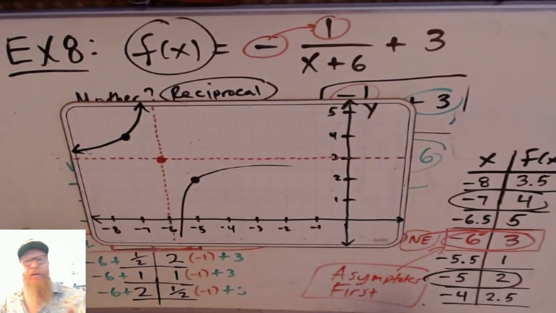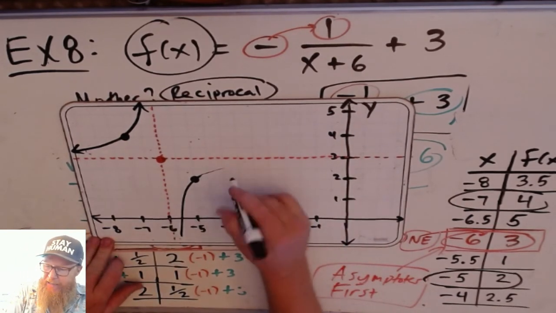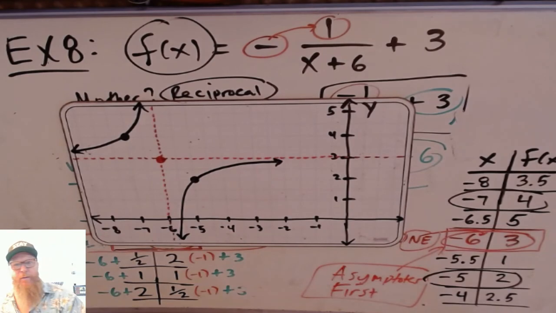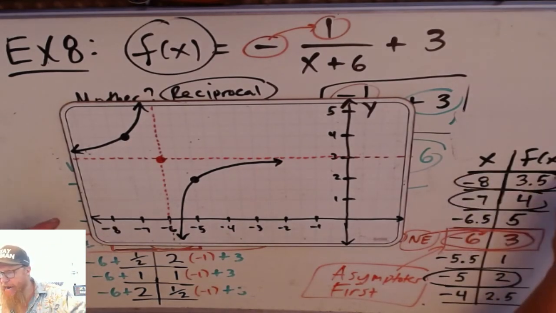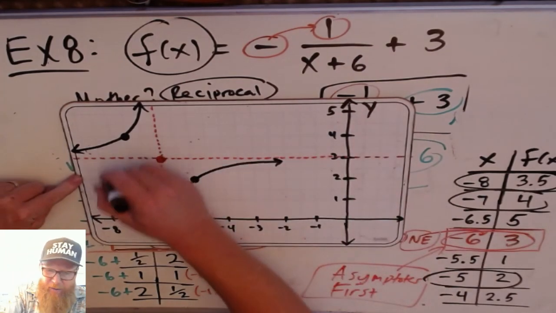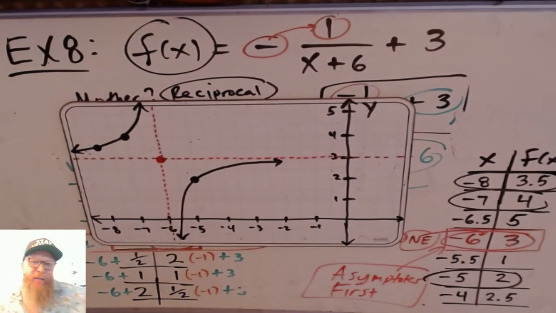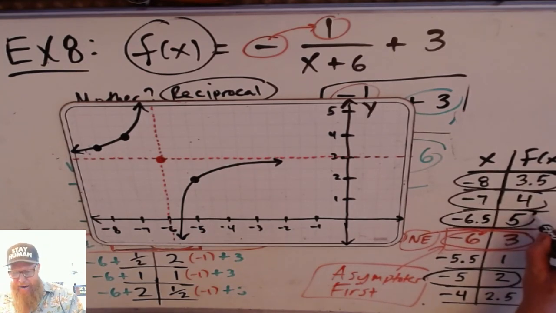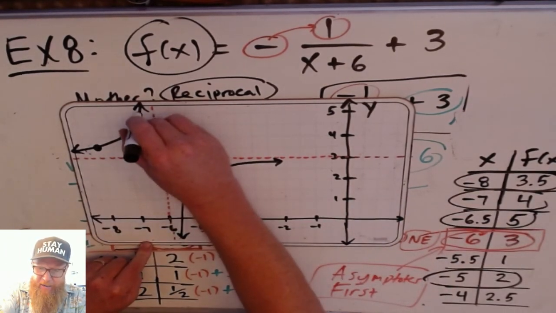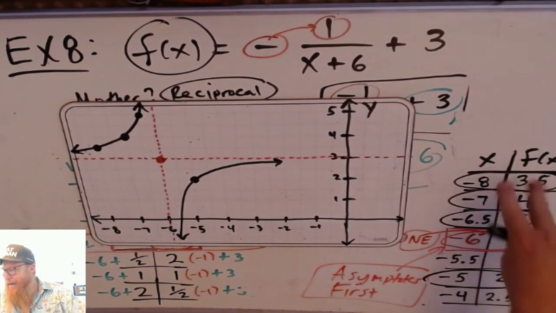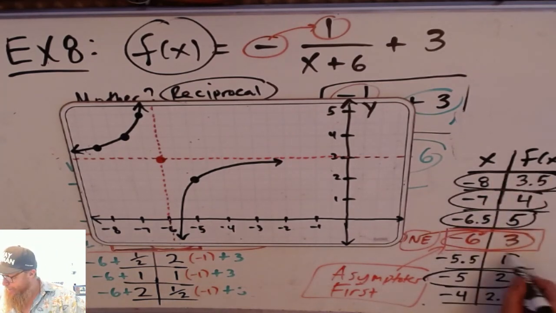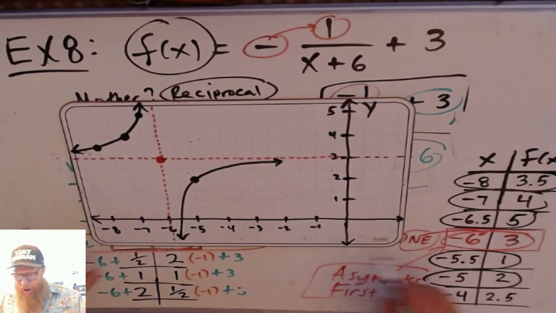And there you go. You do not have to plot the decimals. All right. Unless you want to. You certainly can. Watch. -8 and 3.5. That's right about here. Oh, there it is. -6.5 and 5. Hey, that's right there. So even if you don't plot the decimals, they're there. -5.5 and 1.